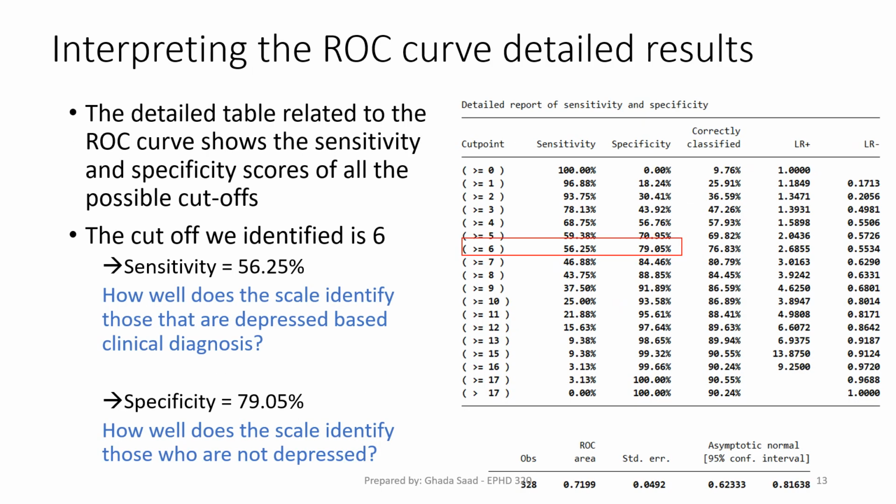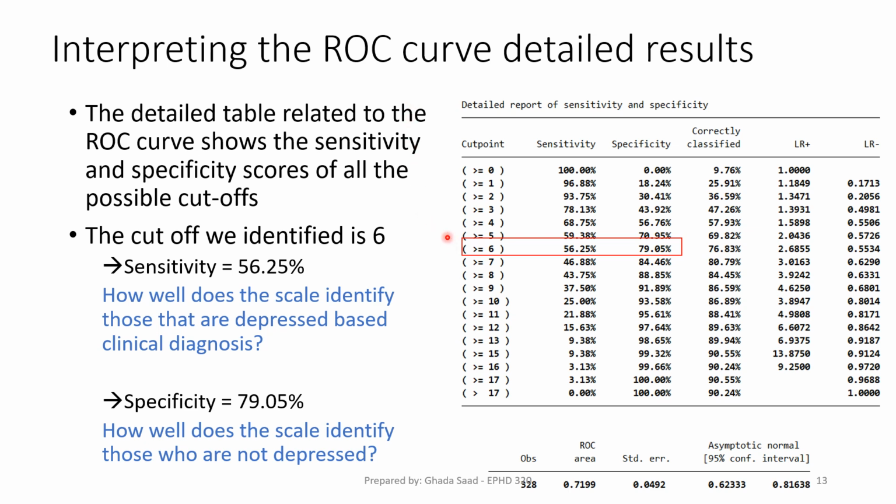We refer to the point we had circled in our ROC curve to identify the corresponding cutoff and the sensitivity and specificity of this cutoff. The cutoff that we identified from the ROC curve is a score of 6 over here.